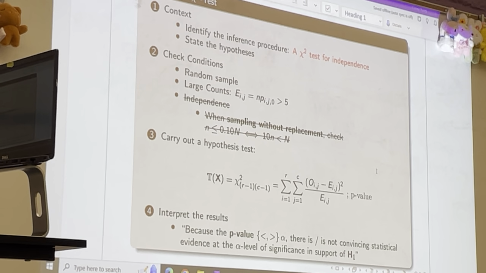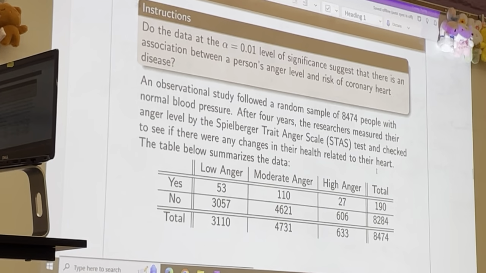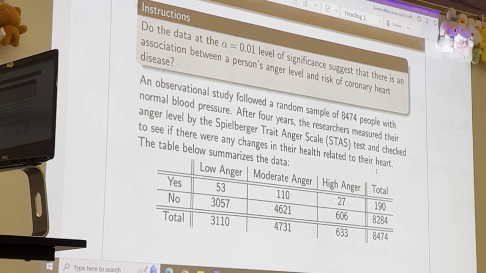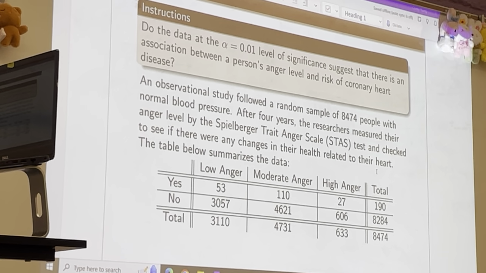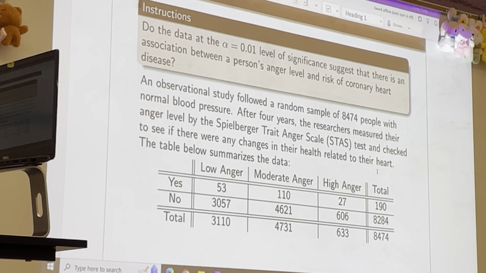Okay? So, here's the example. At the 1% significance level, is there evidence to suggest that there's an association between a person's anger level and the risk of coronary heart disease?